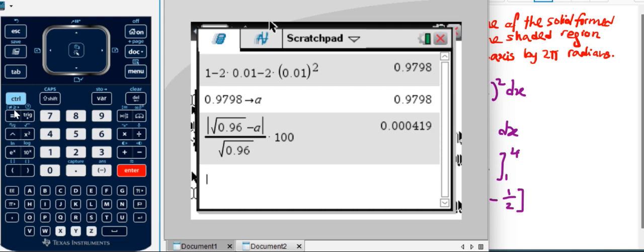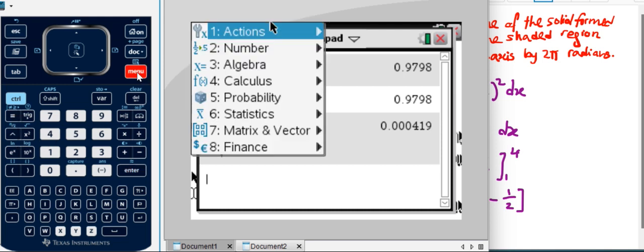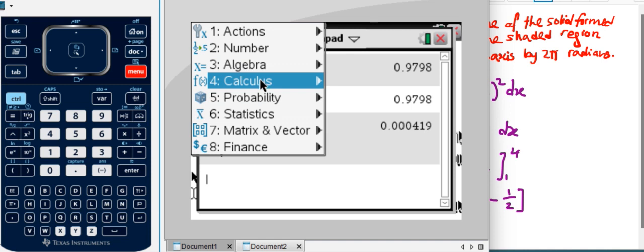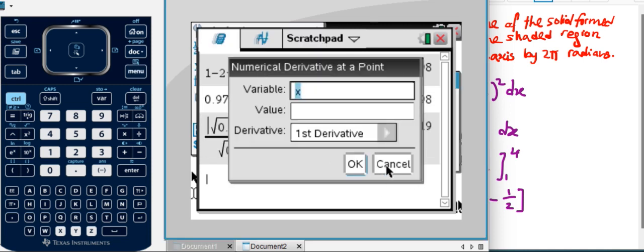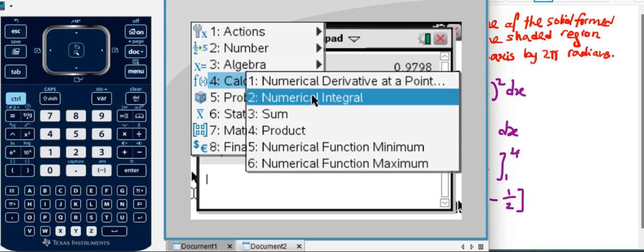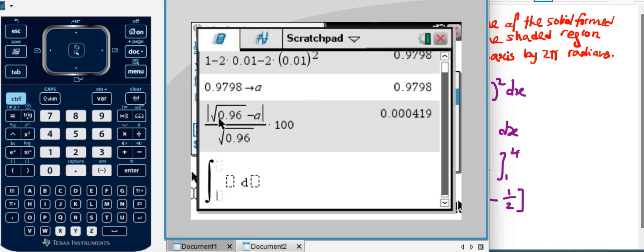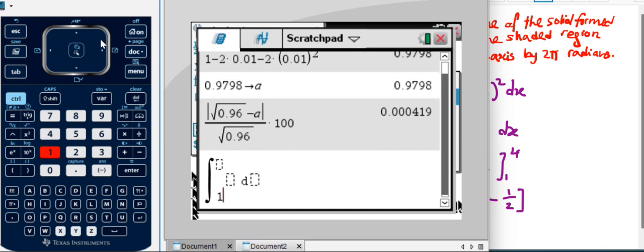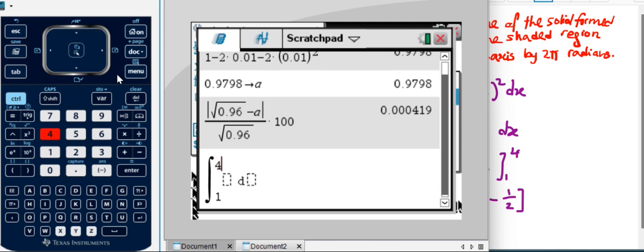For example, using the GDC at this stage means doing this. You go to menu, make sure you go to calculus. Sorry, too fast, so cancel. I go to menu, go to calculus, and then numerical integral, and then I put in here 1, and then on top I put in 4, and then over here I put in a bracket, and then I put in pi.